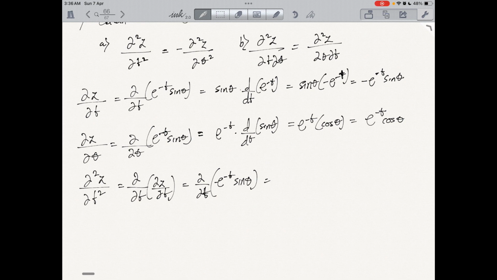This means that sine theta is kept constant, and we are differentiating fully minus exponential minus t, and this will give us sine theta multiplied by exponential minus t, and we have exponential minus t sine theta.